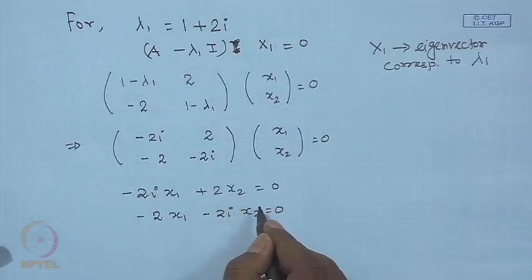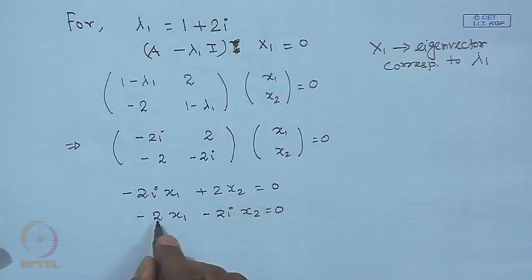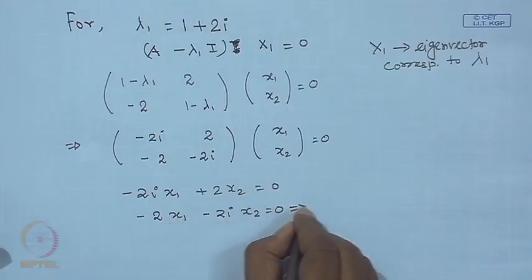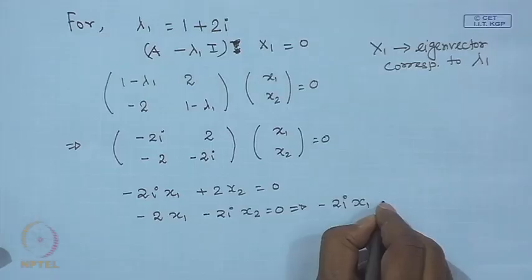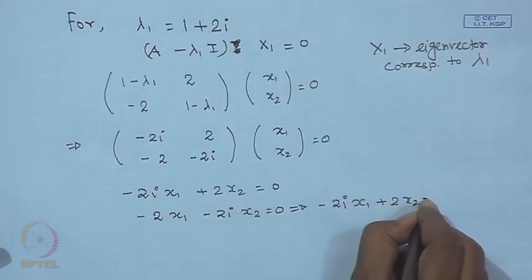These two equations are identical, because if we multiply this equation by I, what you will be getting is that minus 2 I x 1, I square is minus 1, so minus minus plus 2 x 2 is equal to 0.